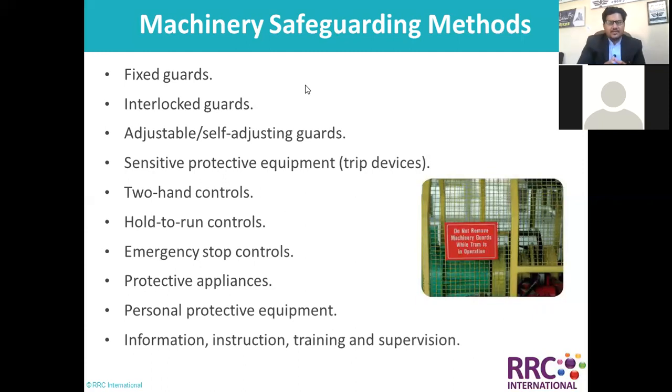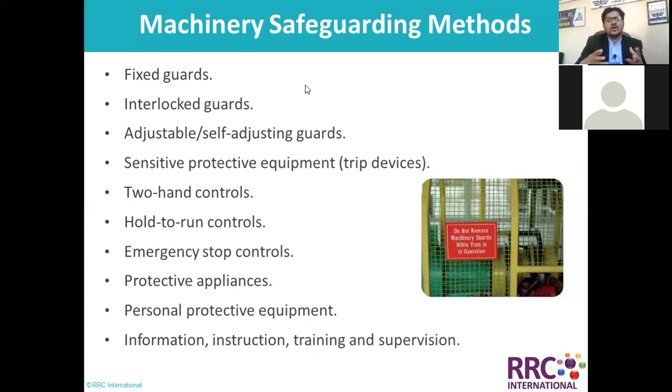Let me repeat again. Imagine you are buying a machine from the USA. Once the machine is at your site, you start a risk assessment, and now you find that one area needing a safeguard is missed, one interlock guard is missed, one adjustable guard, sensory protective equipment or trip device is missed, or two-hand control is missed.